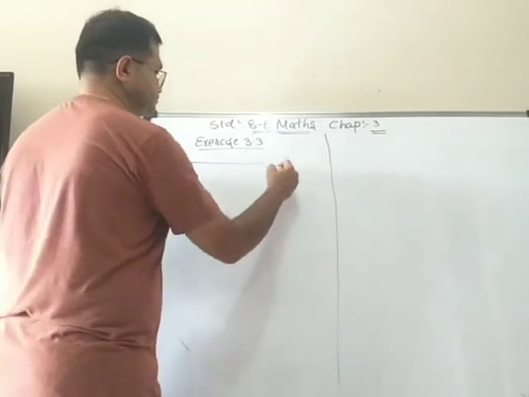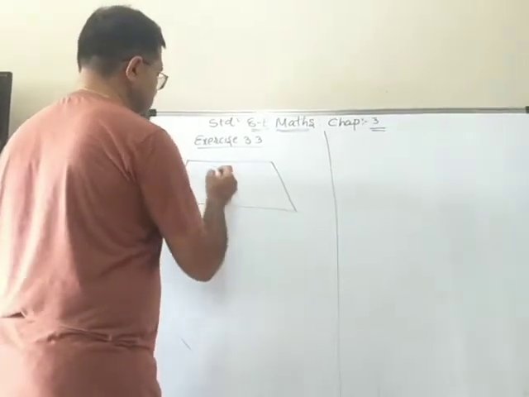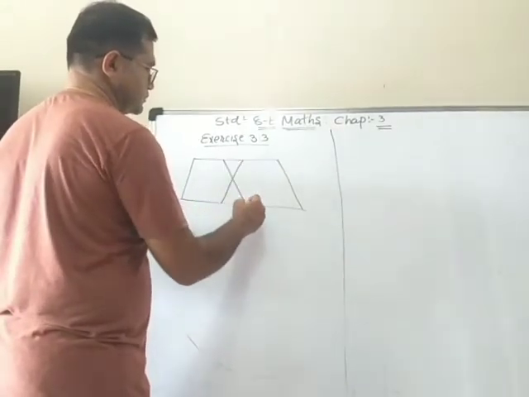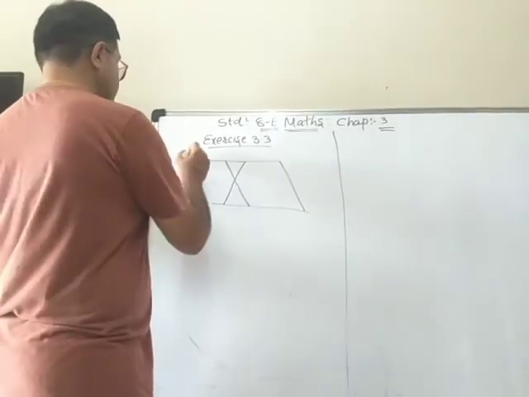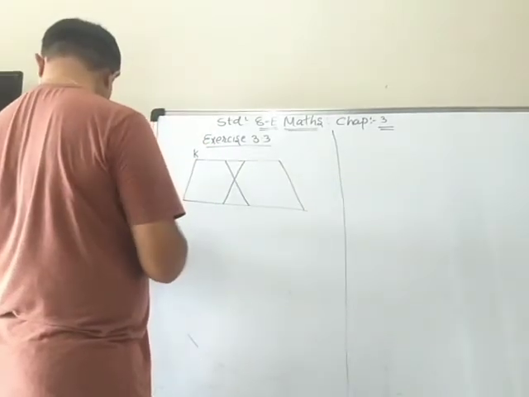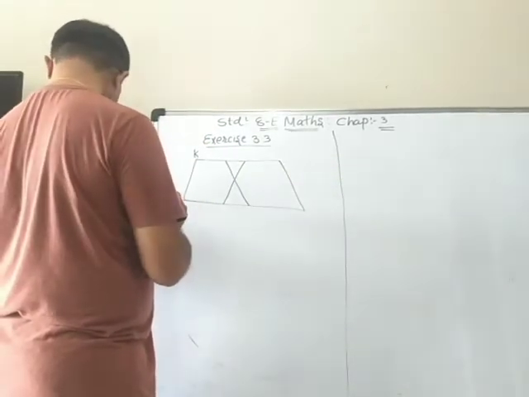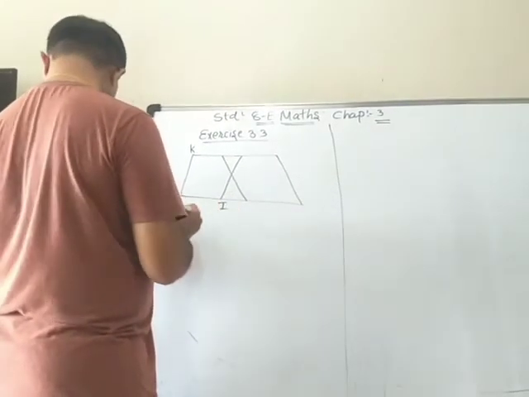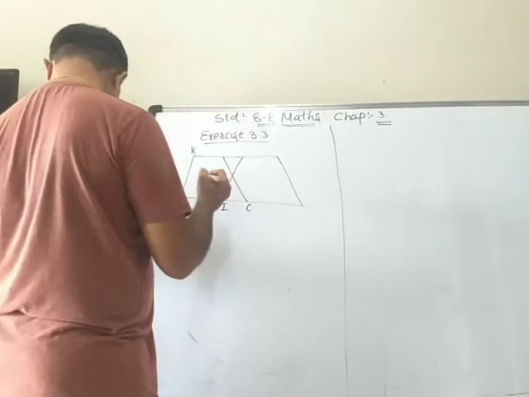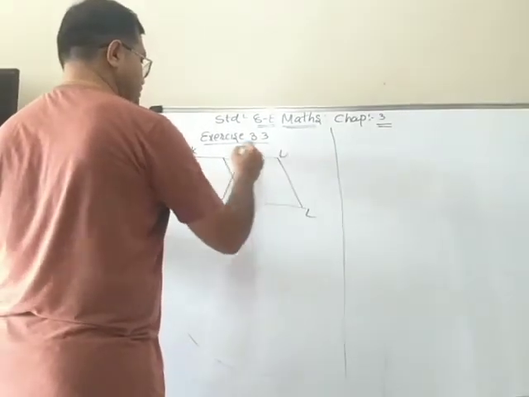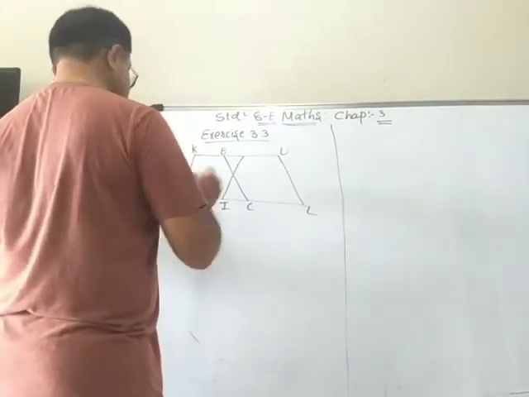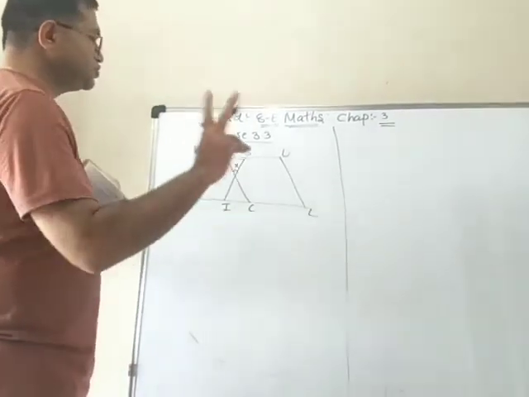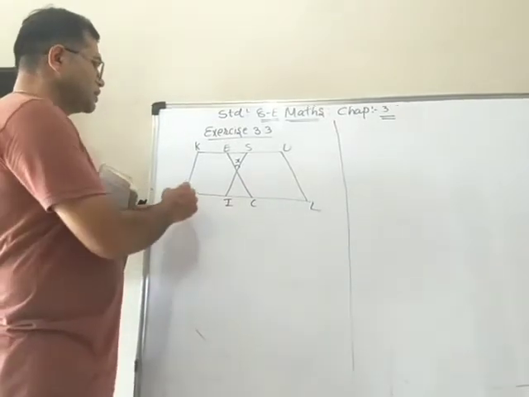Like here K, R, I, C, L U, E and S. So here there are two parallelograms.